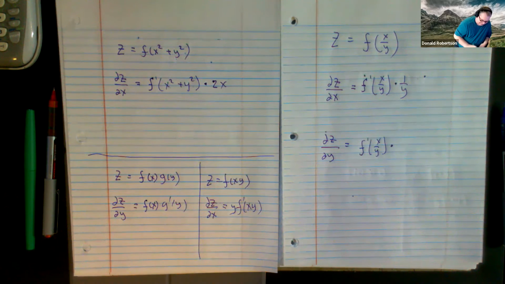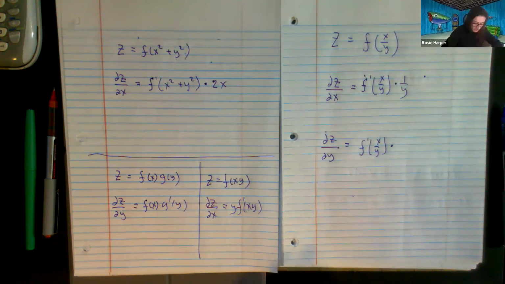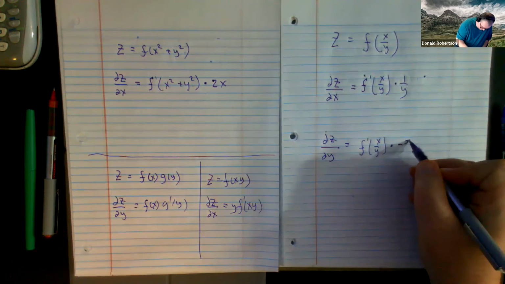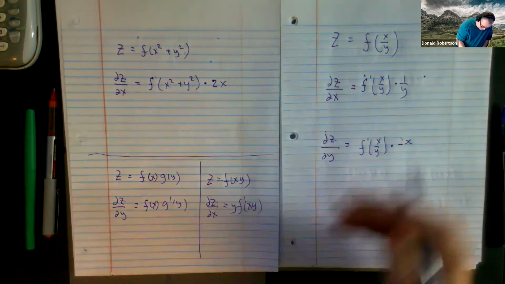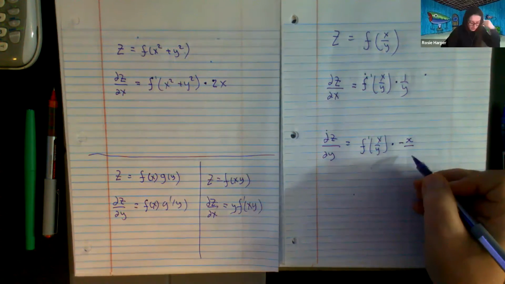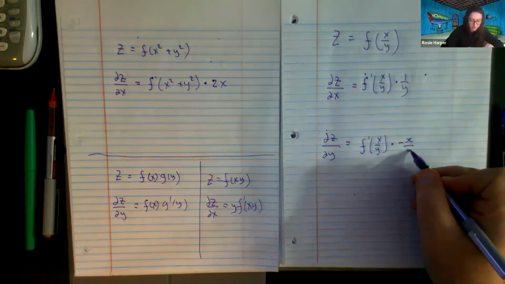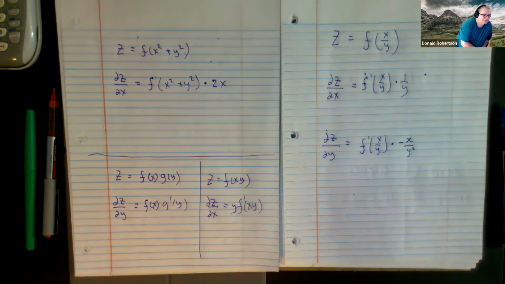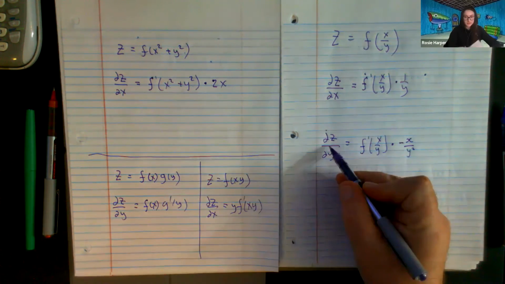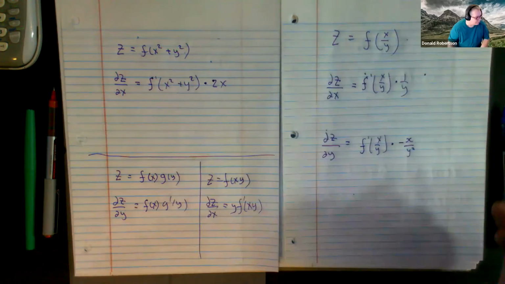Well, you could rewrite it as x times y to the negative first power, and then it's a lot easier to evaluate. Yep, you want to finish it for me? Yeah, it just becomes negative x times y to the negative second power, and then style points, it's negative x over y squared. Right. That makes sense. That's a chain rule, right? Derivative of this times what you get when you differentiate x over y.